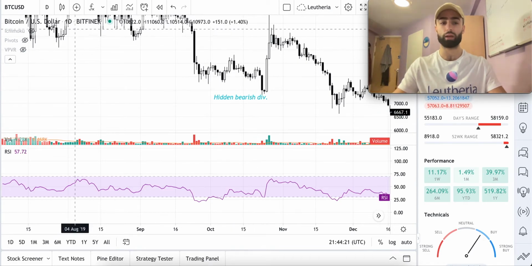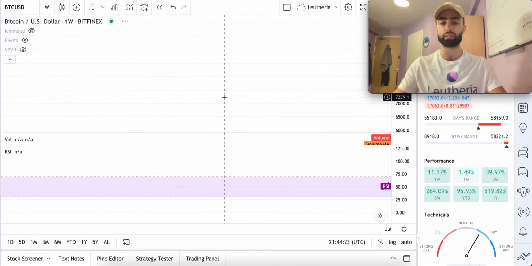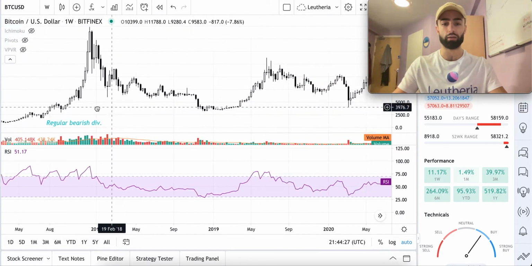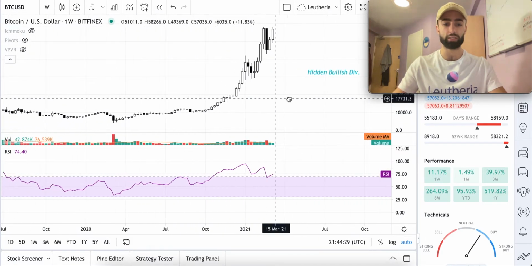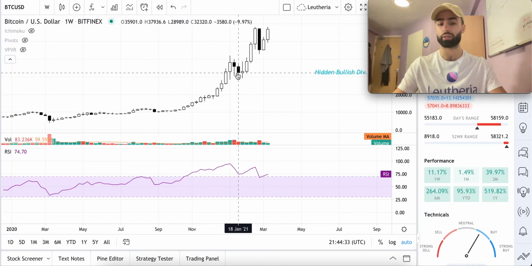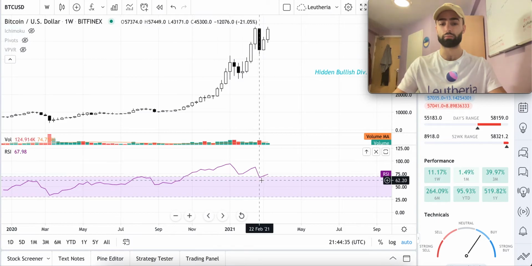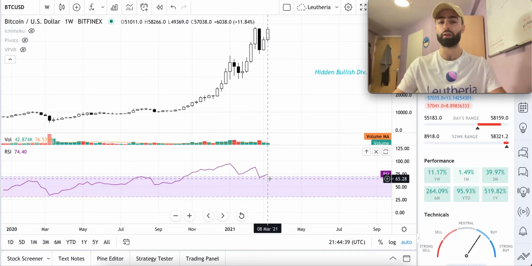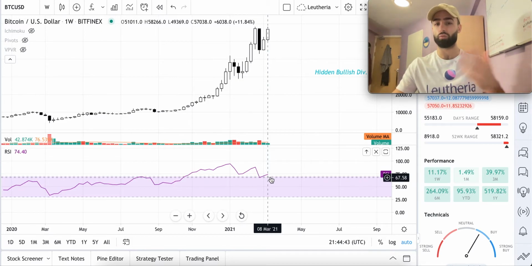So if you're looking at price, even on the weekly time frame, and you see clearly right here that there's a higher low in comparison to this one, but the RSI is not the same thing. Once you notice that it's not the same thing, you don't have to immediately recognize which divergence it is.